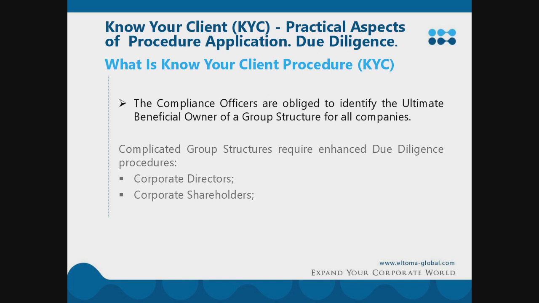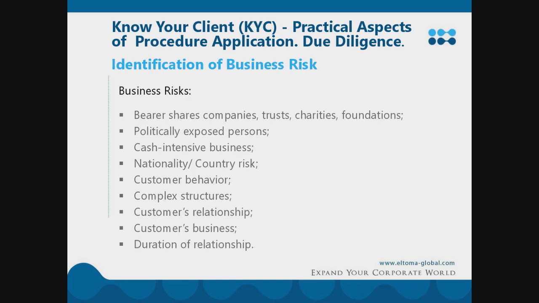Every time, in every situation, some physical person stands behind any legal entity, and the duty of the compliance officer is to identify who this last person is, the ultimate beneficial owner of the group of companies, in order to understand with whom your company really deals. So if you have corporate directors or corporate shareholders, every time you should know who is standing behind these companies.